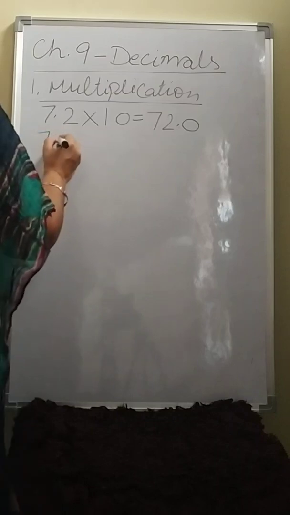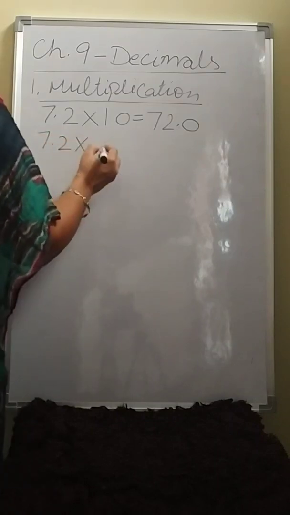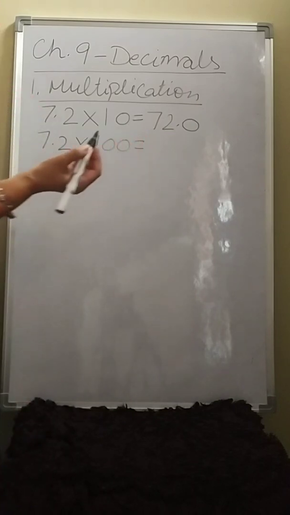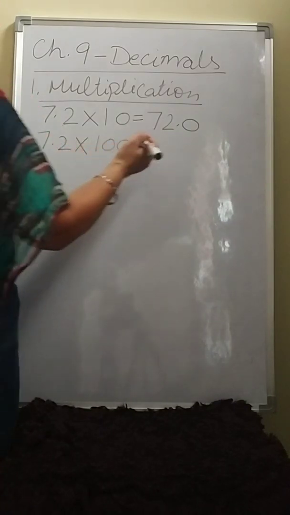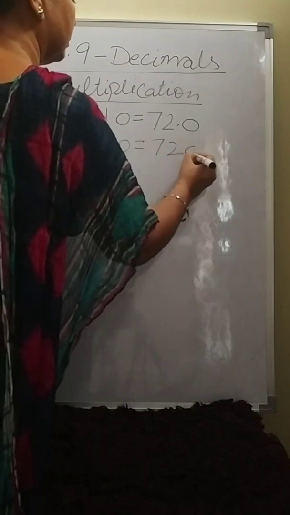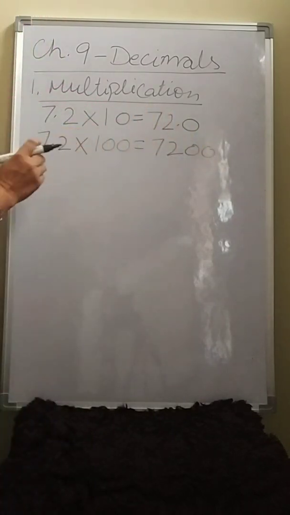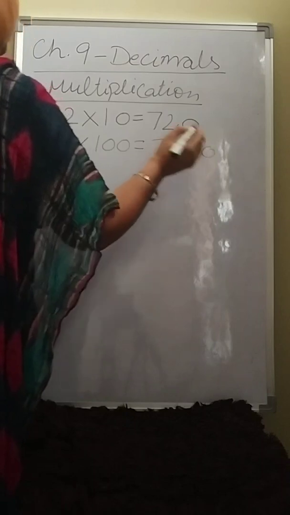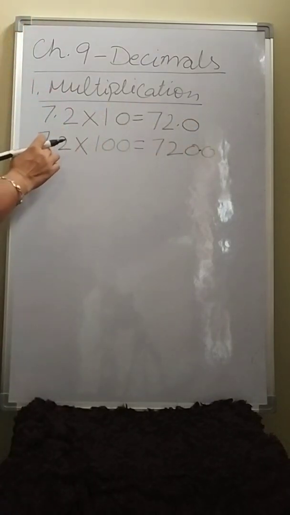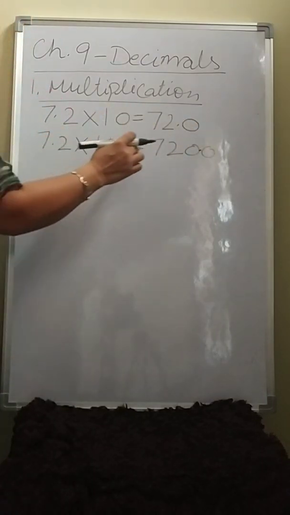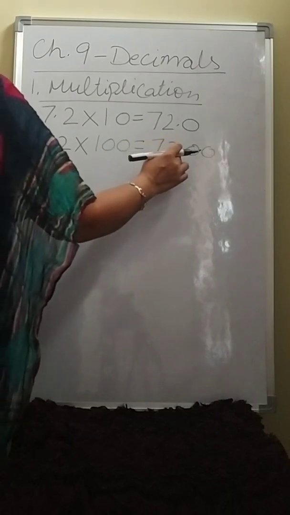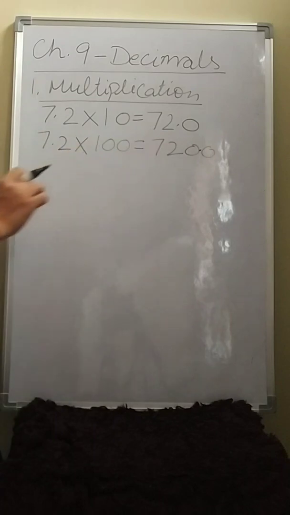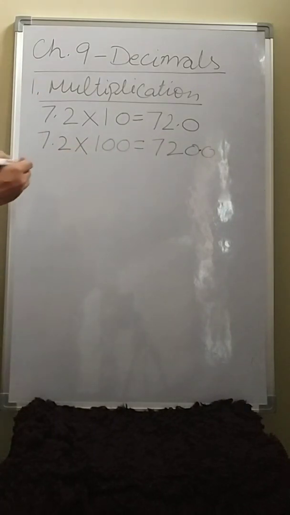Now if we multiply this number by 100, first simply multiply: 72 hundreds are 7200. Put the decimal before two digits. The decimal was here, now the decimal is shifted two places, so this is 720.